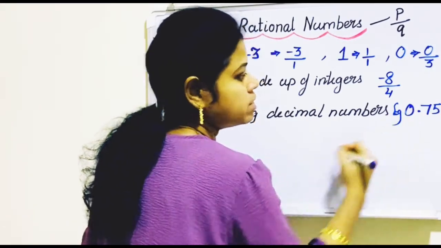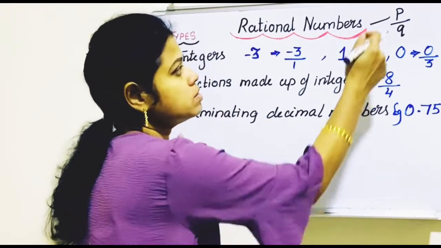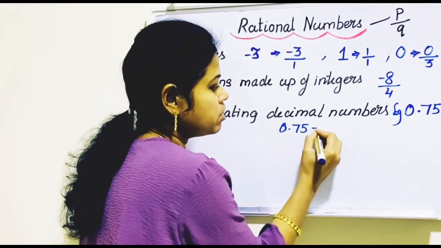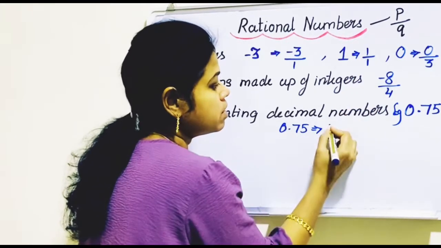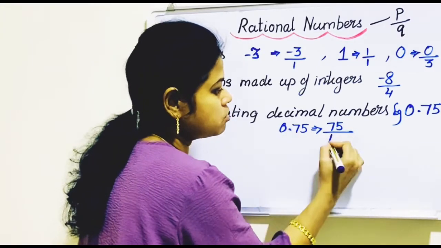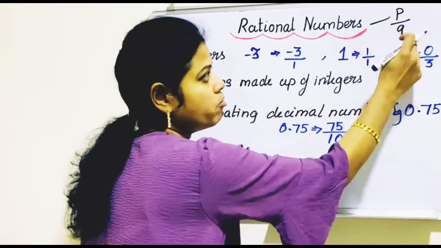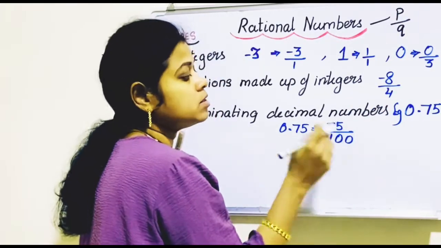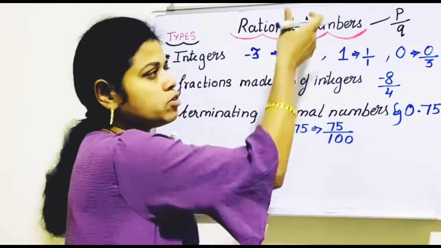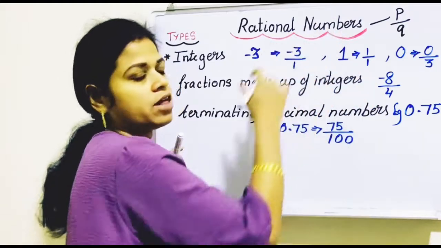You can express this 0.75 in the form of p by q as 75 divided by 100, since there are 2 decimal places. If you can write it in the form of p by q, and this q is not 0, then those numbers are rational numbers. So terminating decimal numbers are also rational numbers.